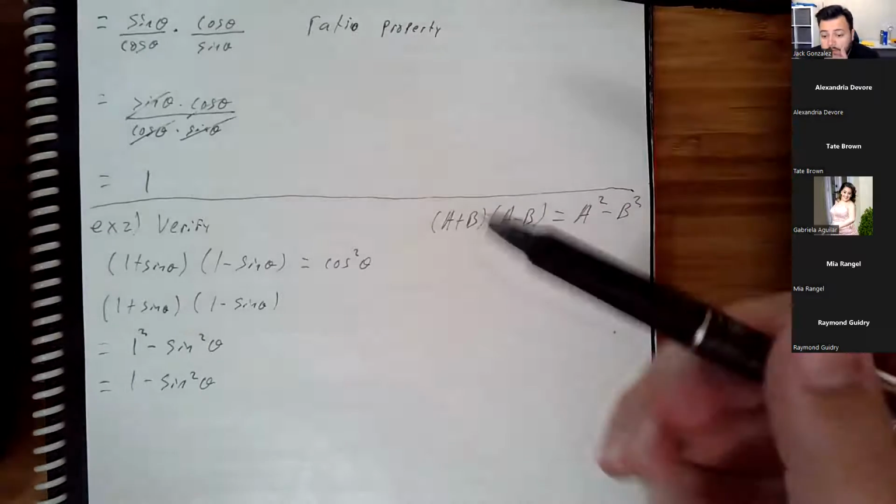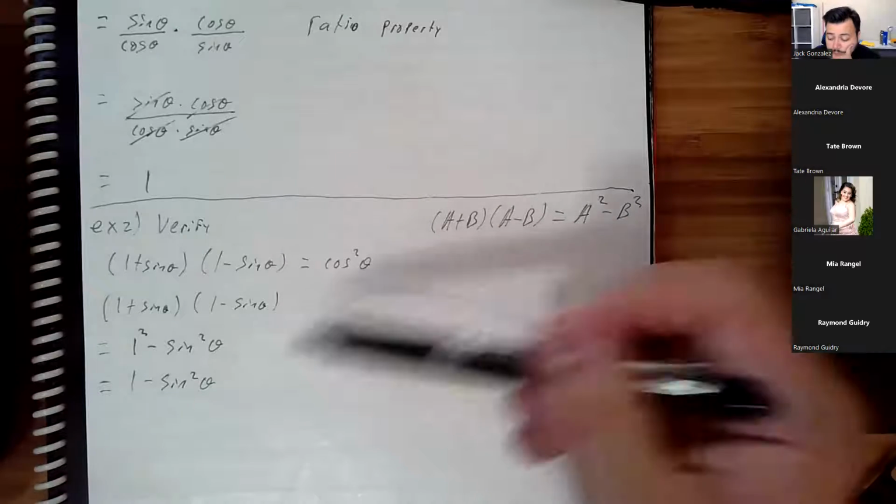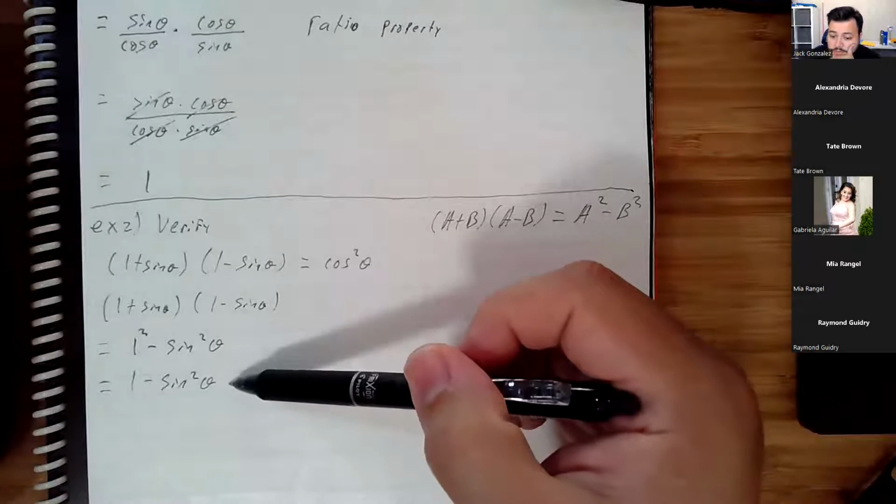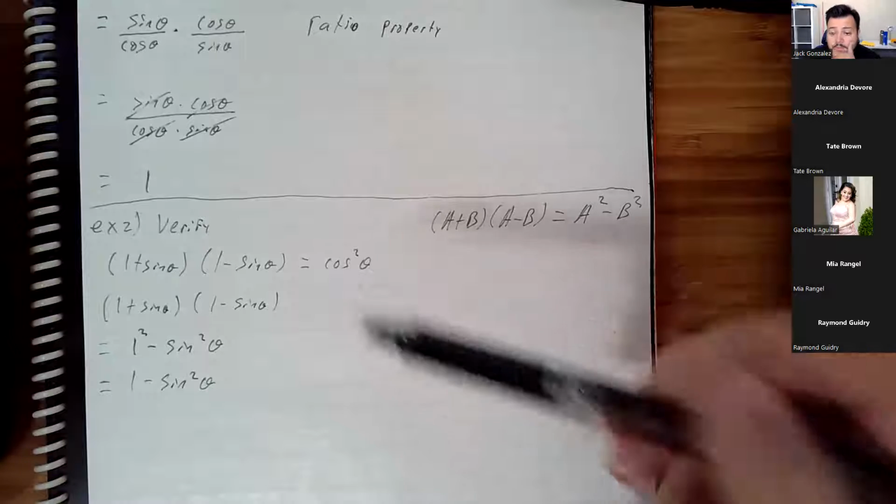Okay, so I need to get a cosine. So what property would I use to get to here? Because we're almost there.